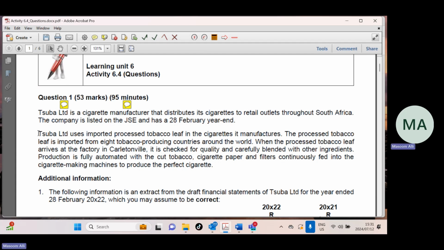Moving on from that, Suba Limited uses imported processed tobacco leaf in the cigarettes that it manufactures. So imported is already telling us something. Imported is telling us foreign exchange, because if you are importing it, then it suggests that. But we would need to read further to really confirm this, because remember, are they importing it directly, or is it just an imported brand that is available locally?